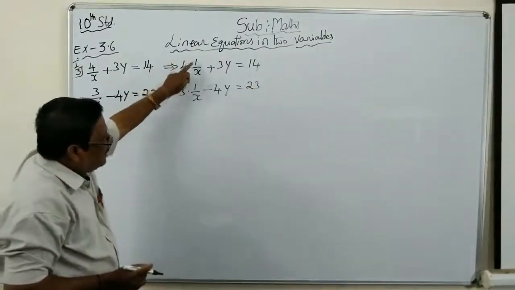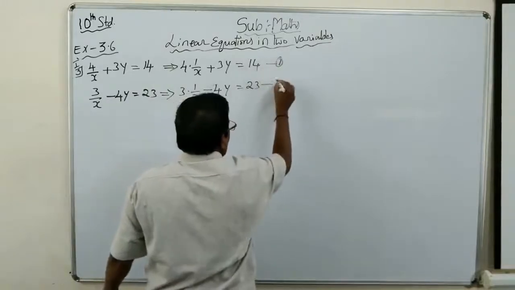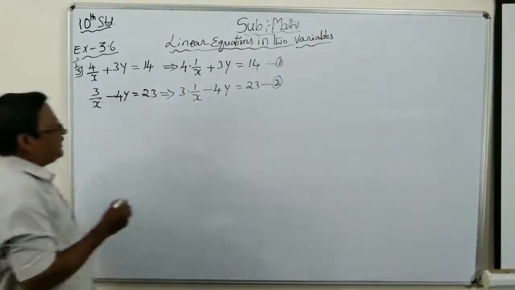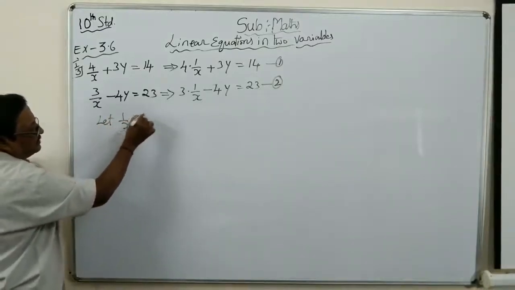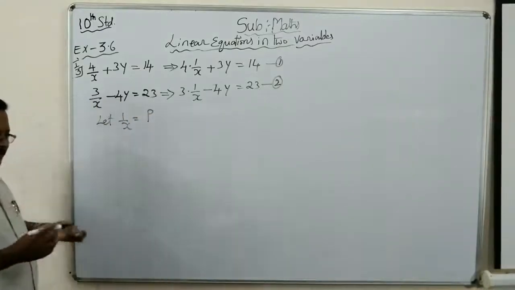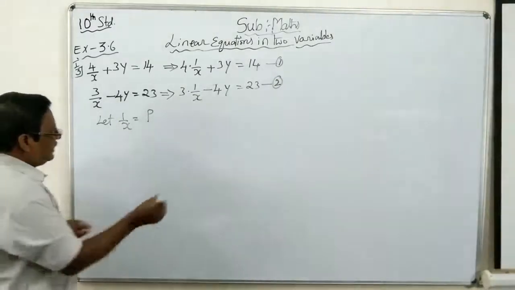This is equation number 1 and this is equation number 2. Let 1 by x be equal to p. You can take p, u, m, any letter.